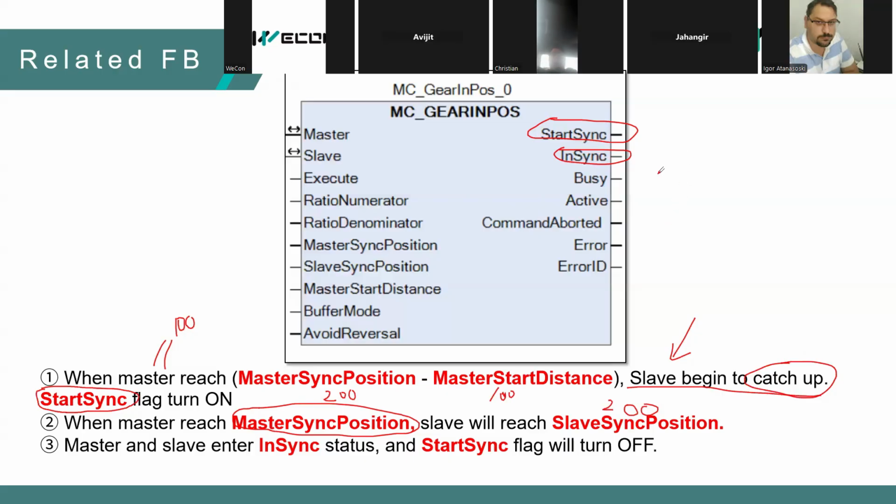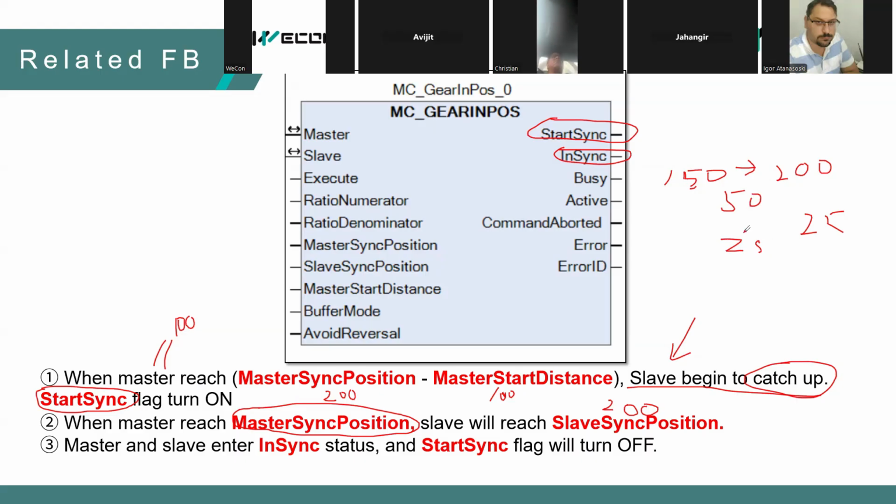For example, the current position of the master is 150, and the master sync position is 200. Here we get an error of 50. And for example, the current speed of the master is 25. Then we see that after 2 seconds, the master will reach the master sync position.